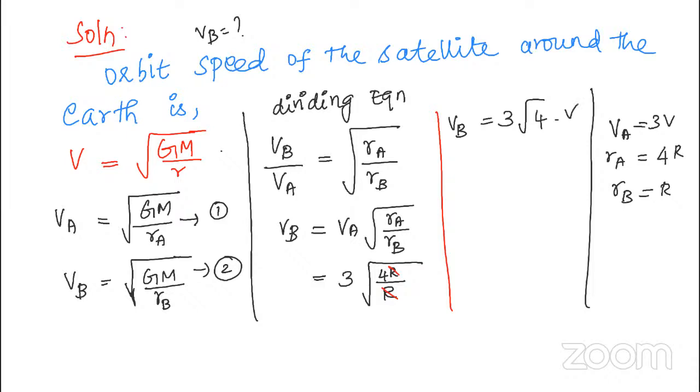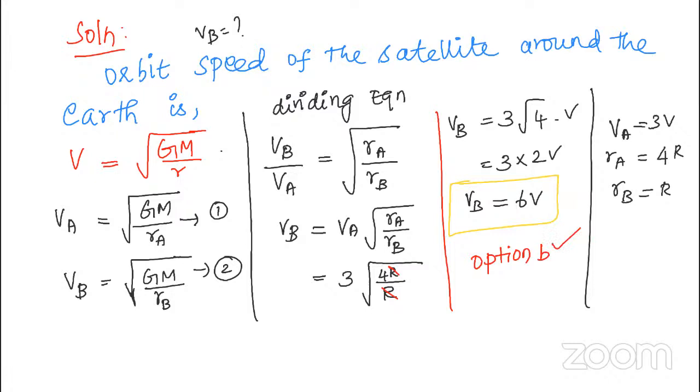So 3 into 2V, this should be 6V. So VB value is 6V. So this is option B.